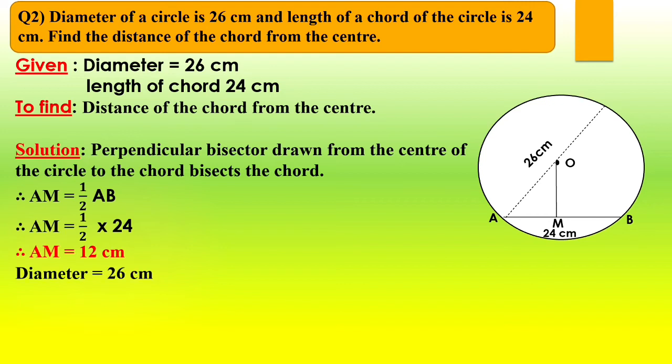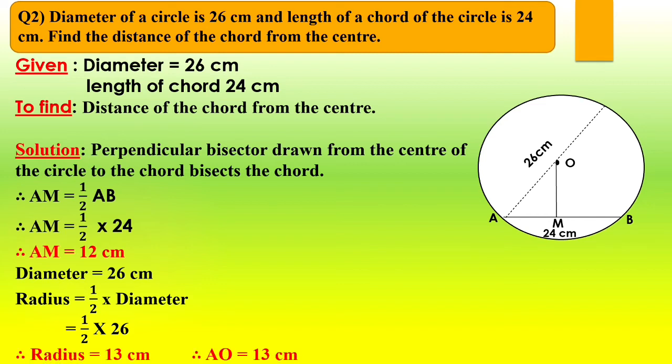So diameter is given 26 centimeter. Radius is the half of diameter. Substitute the value of diameter is 26. So 2 1 is 2, 2 13 is 26. So our radius is how much? 13 centimeter, that is AO. So AO is how much? 13 centimeter.